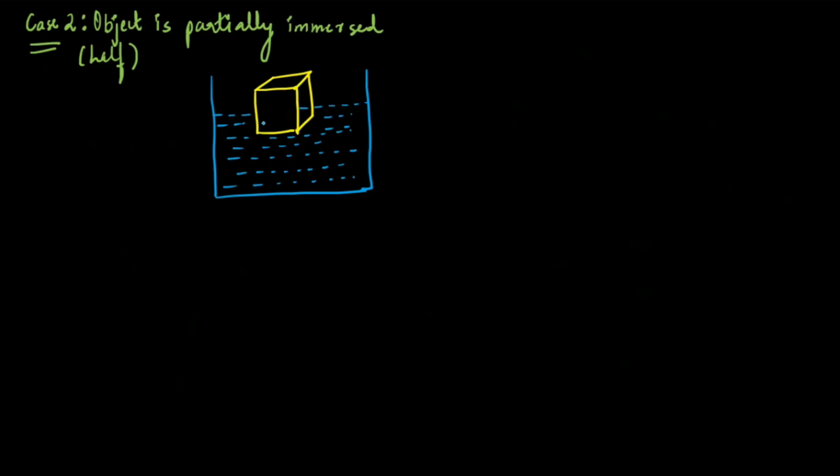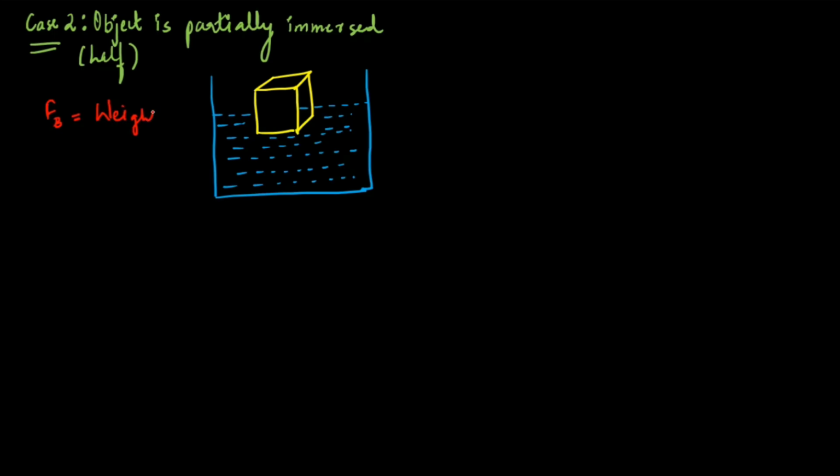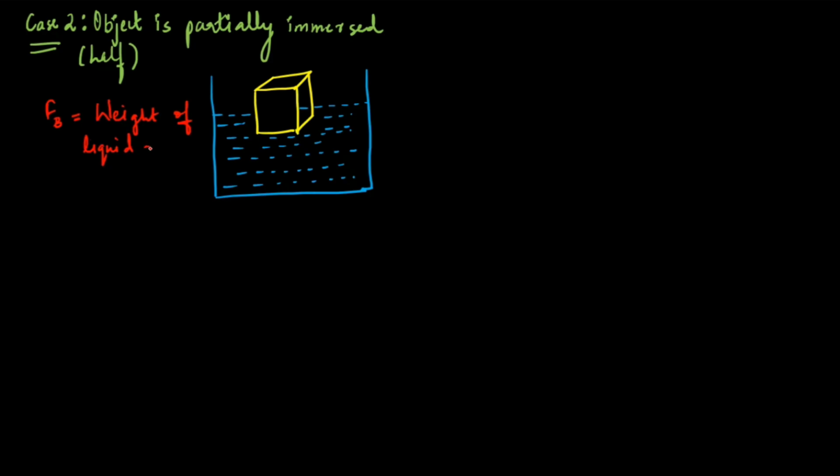So what we need to understand here is that when we find the buoyant force, it is equal to the weight of the liquid displaced. So how much liquid is displaced by the object this time? That is the question.